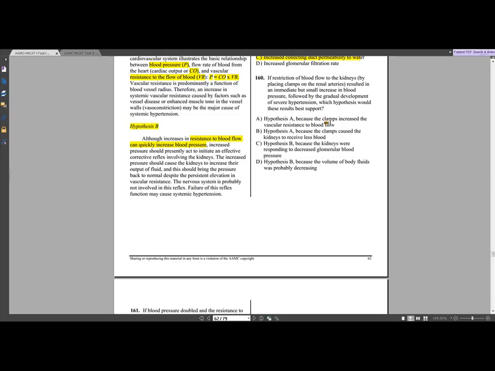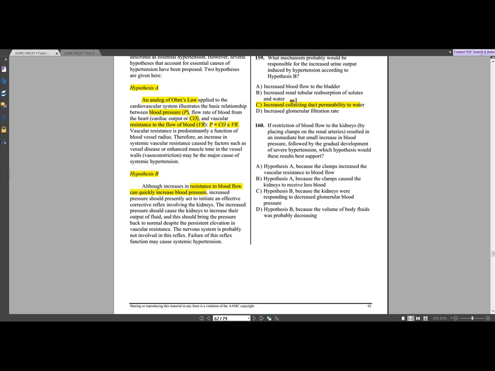Well, what it says is that if you clamp the blood, water flow out of the kidneys is restricted. Therefore, I don't know if therefore, because what causes resistance of blood to increase? It doesn't tell me.